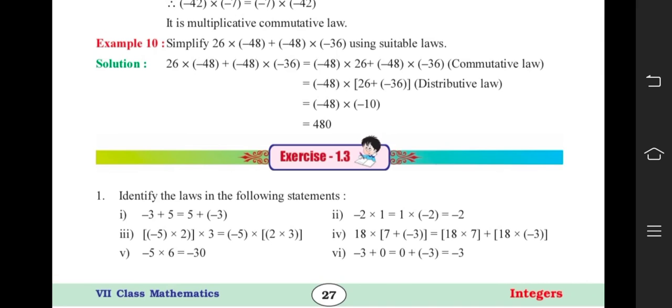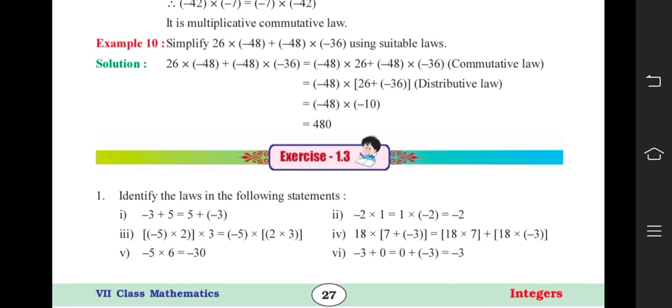So which property is it? Associative law. And fourth one, 18 into 7 plus minus 3 equals 18 into 7 plus 18 into minus 3. Which property is it? It is multiplication over addition, so distributive law.